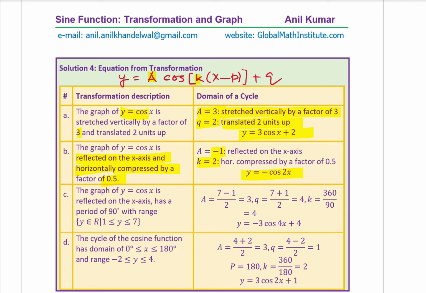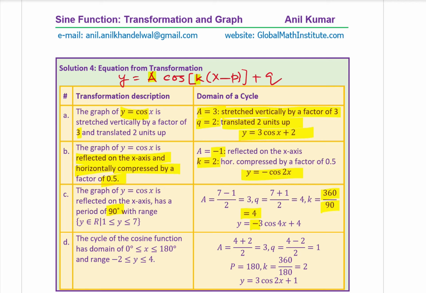C. The graph of y equals cos x is reflected on the x-axis, right? So if it is reflected on the x-axis, we do get negative. Hence, it has a period of 90 degrees. Now we know the value of the period, so the k value will be 360 divided by 90, and in this case, k will be 4.